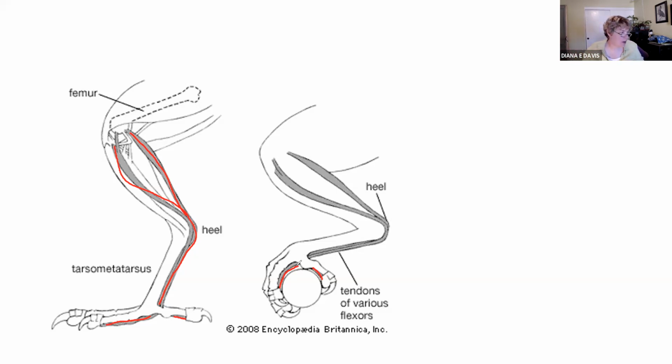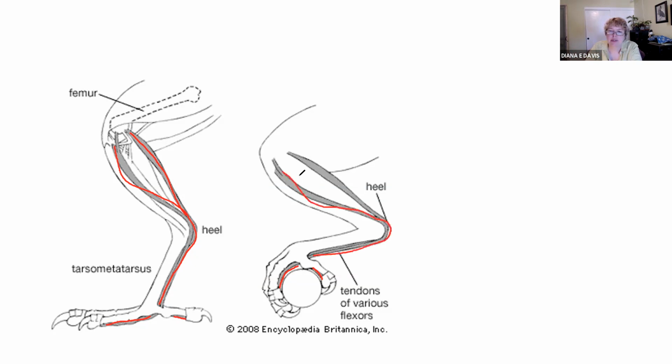And I forgot to bring a rubber band. I always forget to bring a rubber band to demonstrate this one. But imagine there's a rubber band coming down the back of Sassy's leg. When she sits back like this and her heel, her ankle, is highly bent, that rubber band is pulled tight and it pulls the toes into that curled position. I hope you guys can kind of picture this.